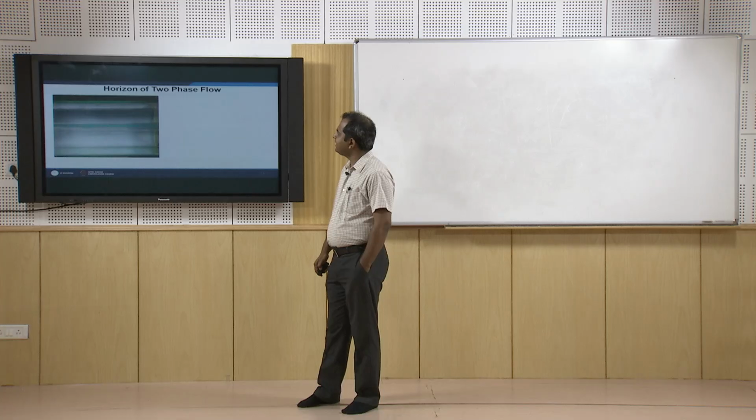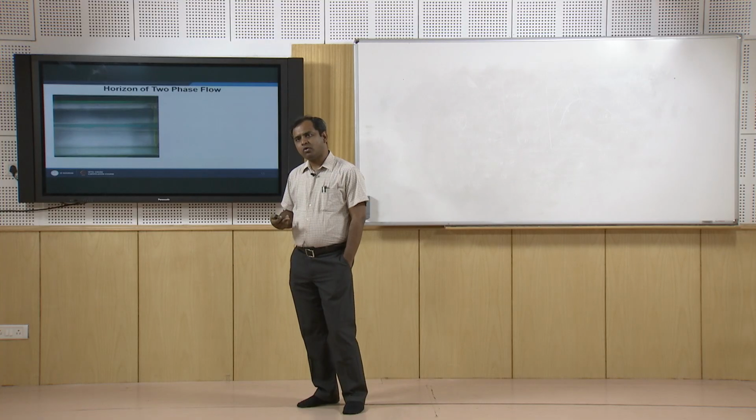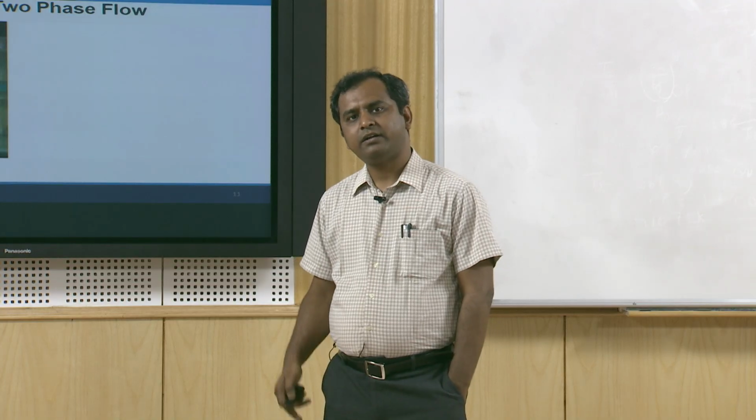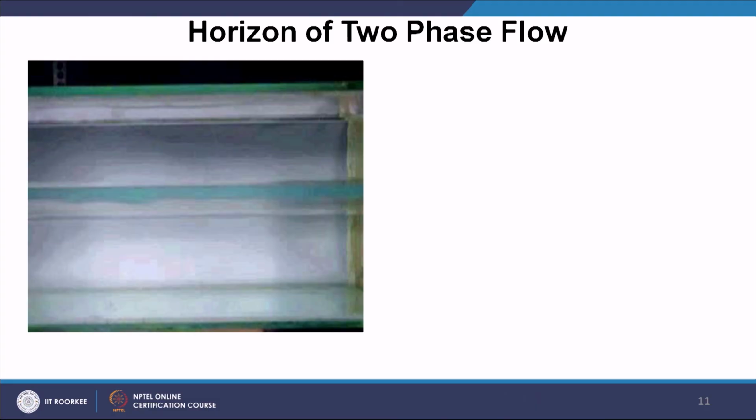Next, let us see how the two phase flow horizon is nowadays changing. If we talk about flow, it always comes to mind that both the phases will be flowing simultaneously. Here I have shown one video, you can see kerosene is flowing from left to right and water is also flowing from left to right. So, we are having a well defined interface in between these two.